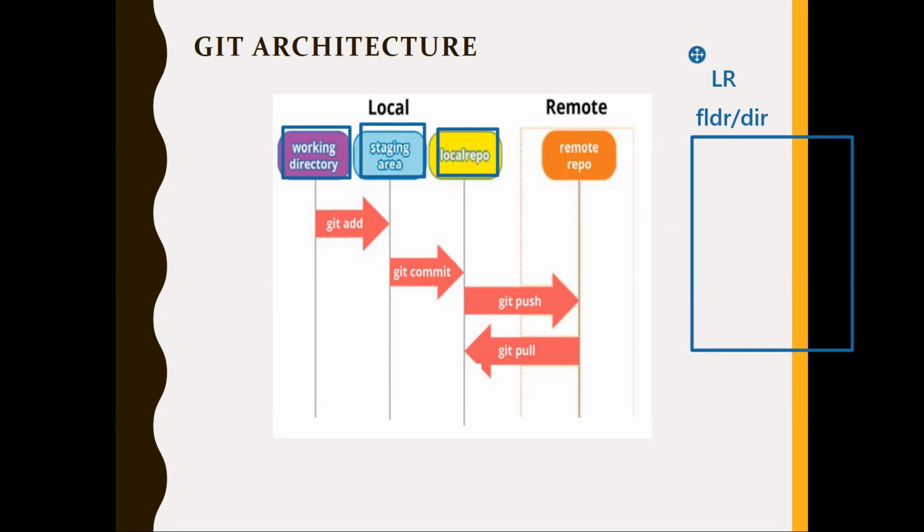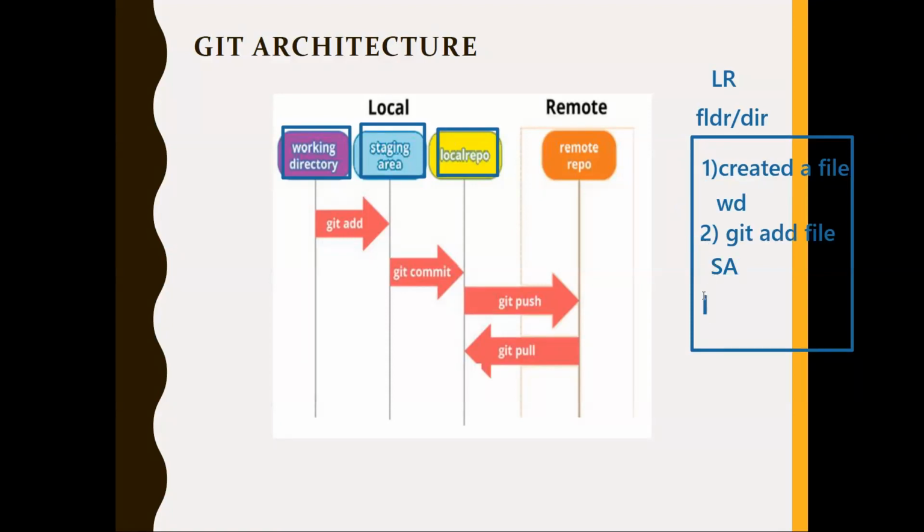Let's suppose I have manually created an empty local repository. Now I have just created a file here, copied some file into this local repository. Then that particular file is said to be in the working directory. After creating the file, if you run git add on this file, then it is said to be in the staging area.